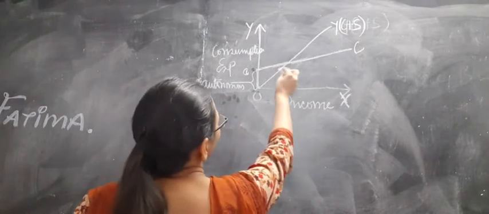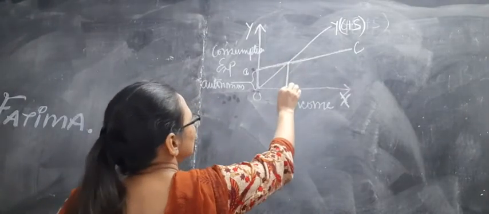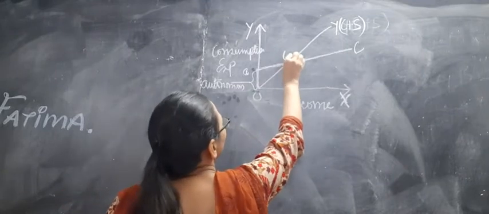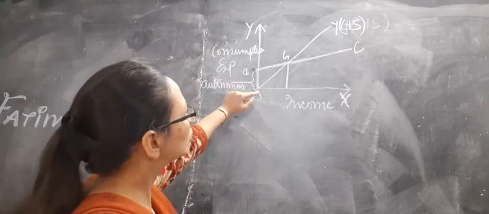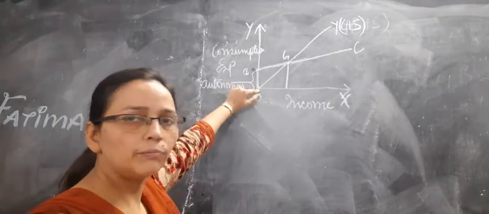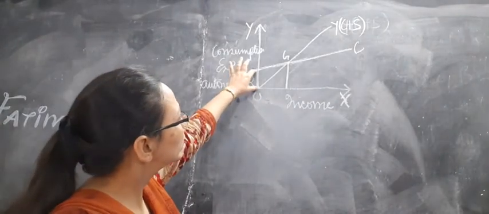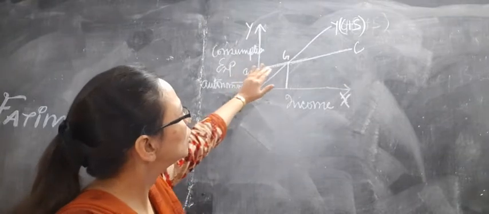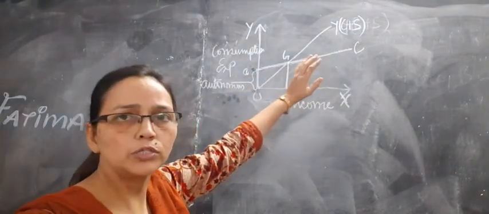Then we said there is a point where income is equal to the consumption of the consumer. Earlier we see that consumption is greater than income, because the Y line is below the C line. From here to here, even when income is increasing, consumption is also increasing because it is a positive slope.